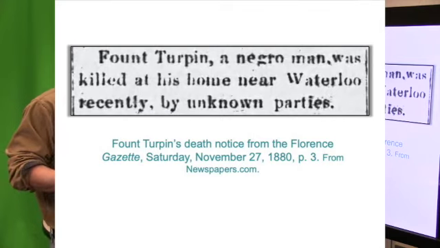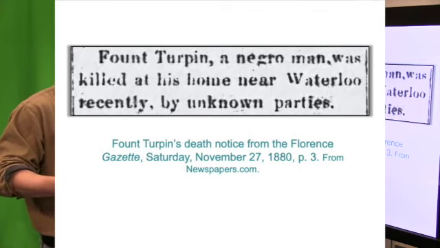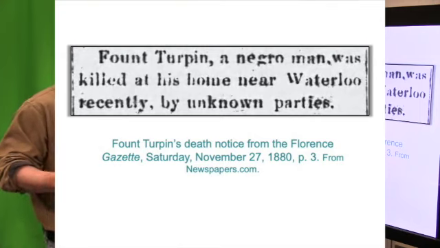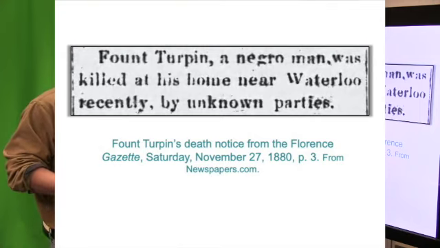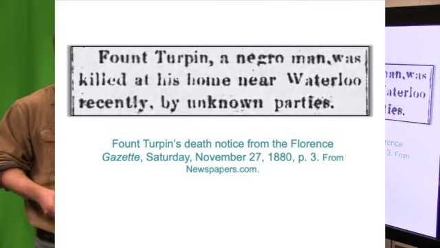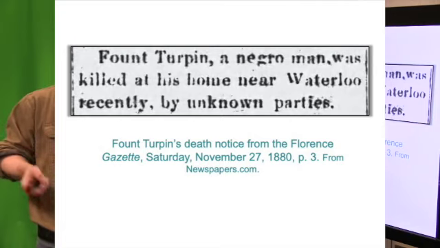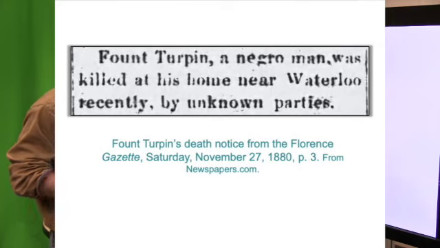Prior to the Civil War, many newspapers were weekly, published once a week, and were normally only 4 pages long, with much space being devoted to advertising. So typically only prominent or well-to-do residents would have obituaries or death notices. This tended to change after the Civil War, and they started to record deaths of more and more what you might call ordinary people, like my ancestor Fount Turpin.